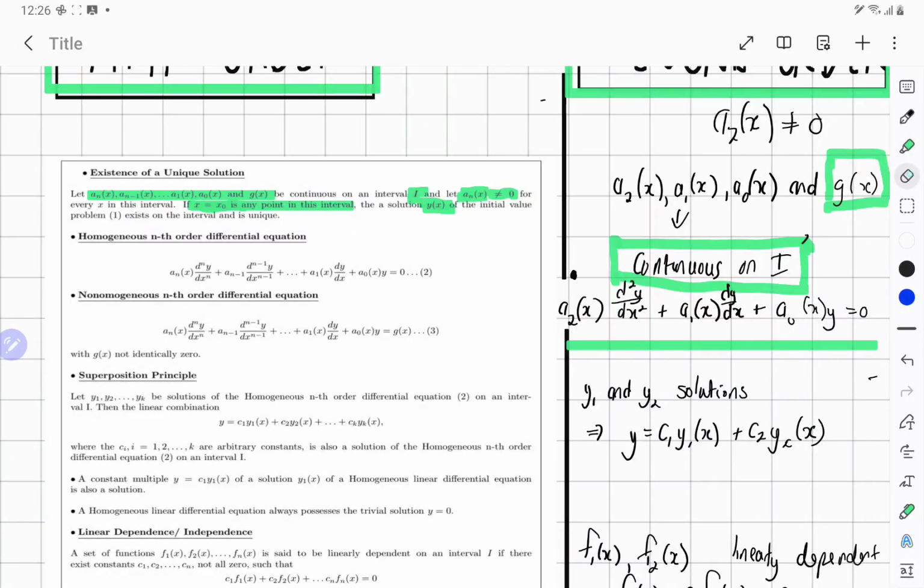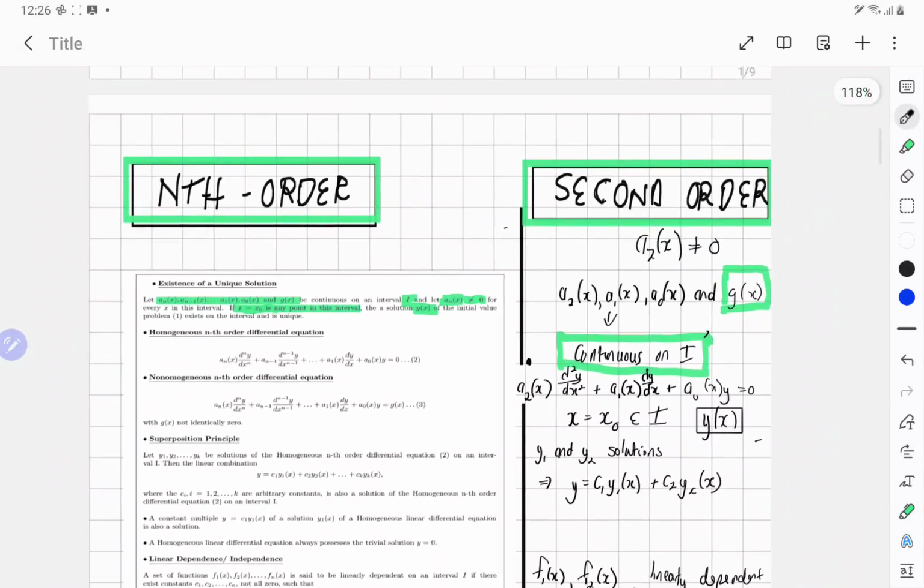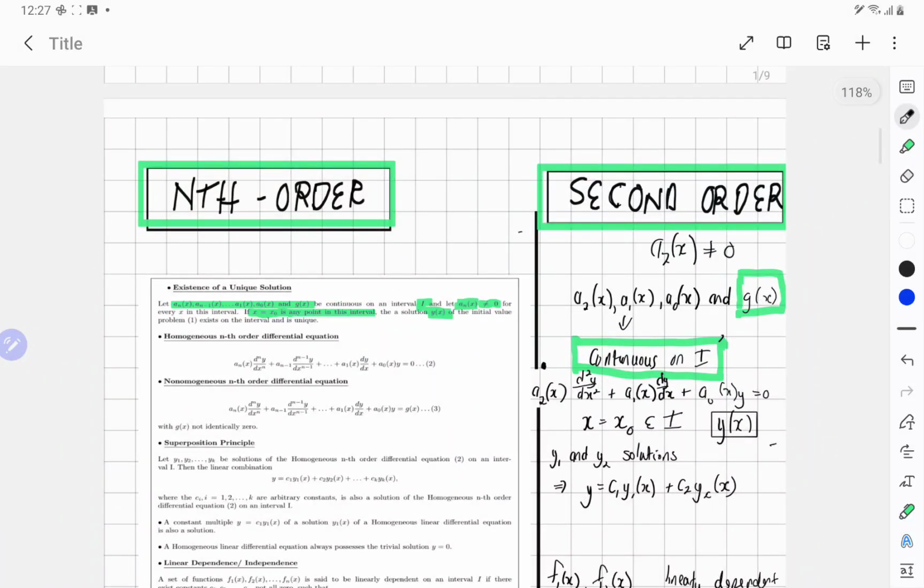That means if x equals x0 is any point in the interval I, then the solution, recall what I said, we always want to solve y(x) of the initial value problem, will exist on the interval and will be unique.